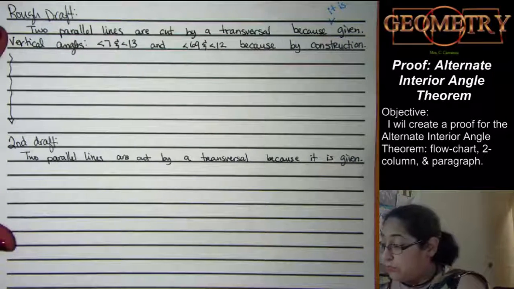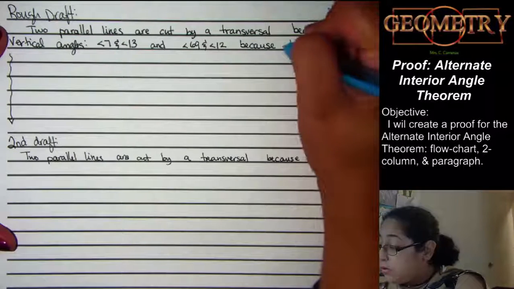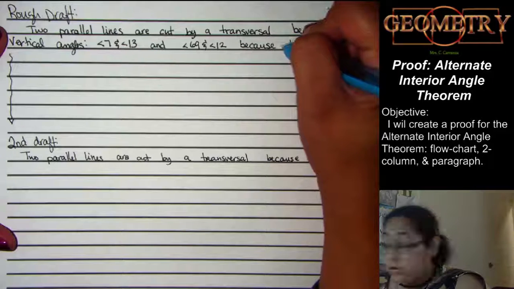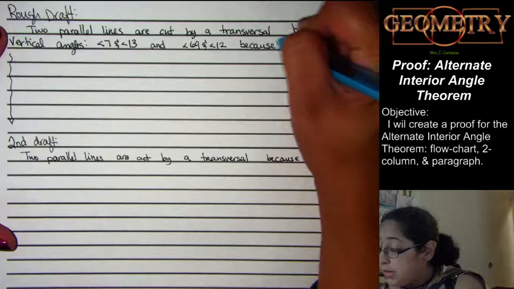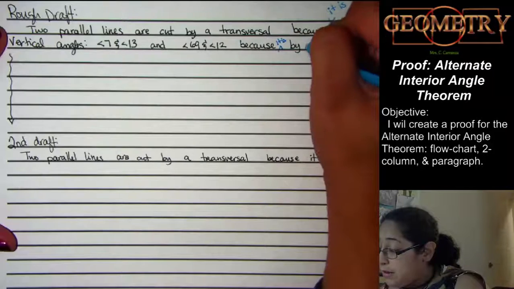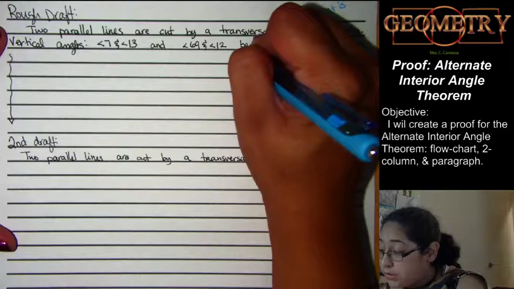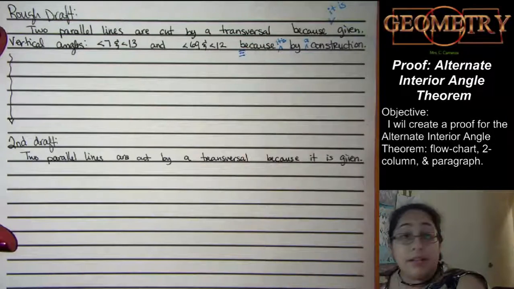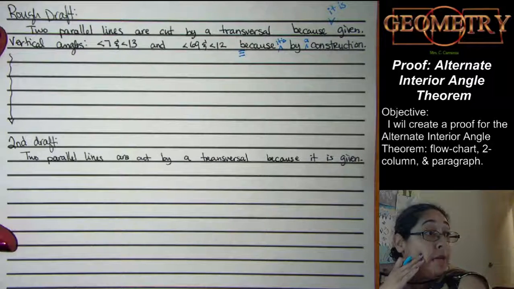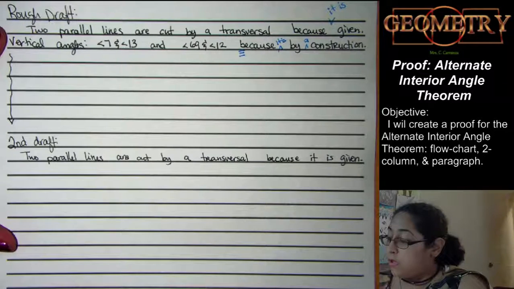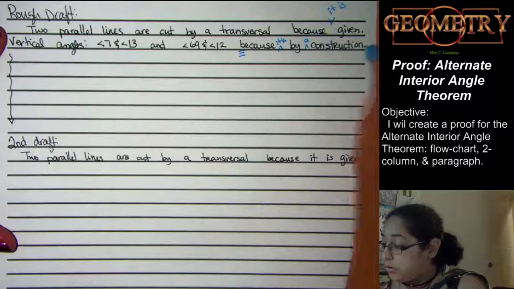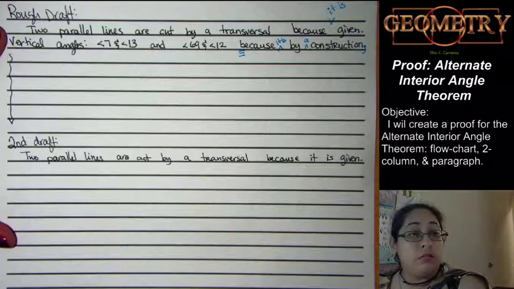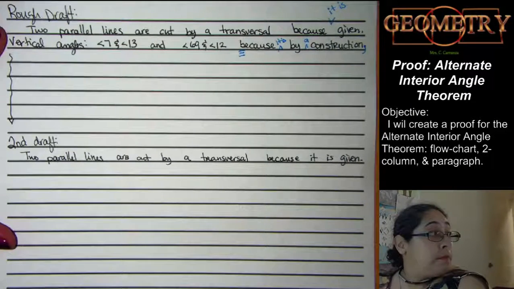Because it is by a construction, and you want this first, so I need to capitalize that letter. 3 underlines means capitalize. Because it is by a construction, comma.